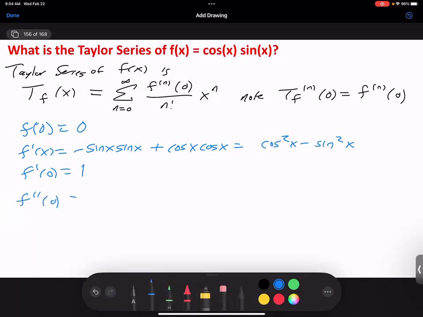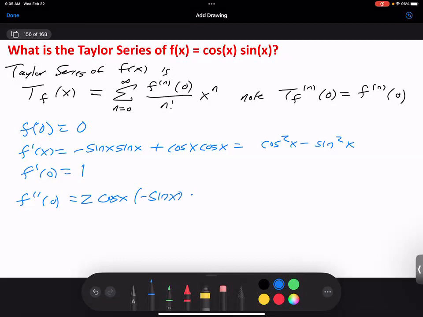How do we calculate the second derivative? So either the chain rule or the power rule. Either one is an acceptable answer. When you have cosine to the second power, you might think power rule, but it's also the chain rule. Either one works. So we would get 2 cosine of x, and then the derivative of cosine of x is minus sine of x, right?